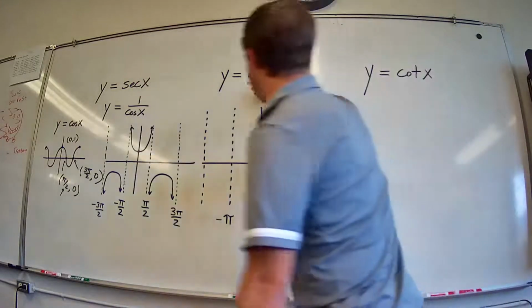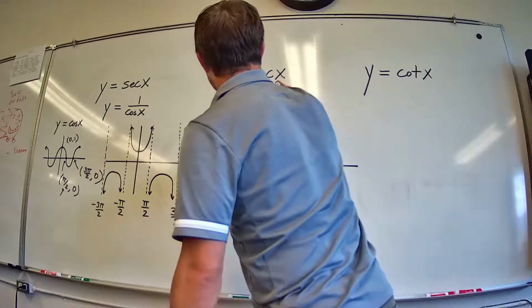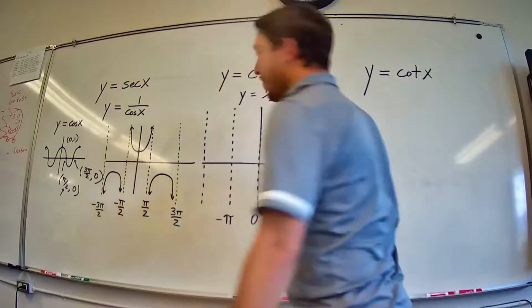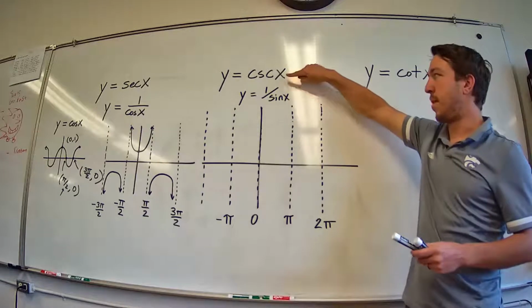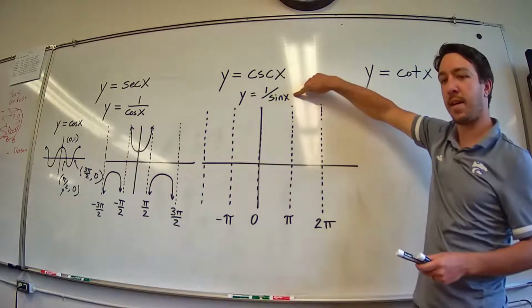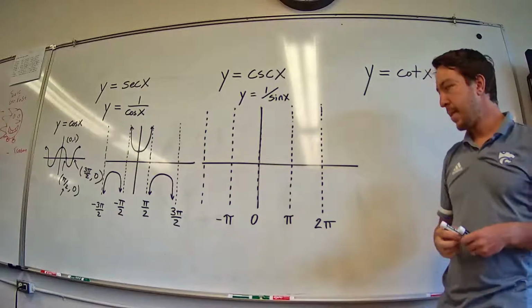Just for clarity here, the cosecant function is just the reciprocal of the sine function. So where does this guy have his asymptotes? Wherever the sine is 0. Where is that? At all the whole multiples of pi.